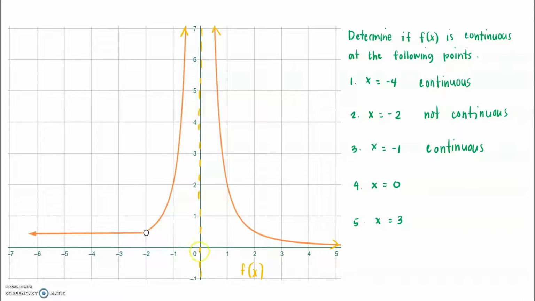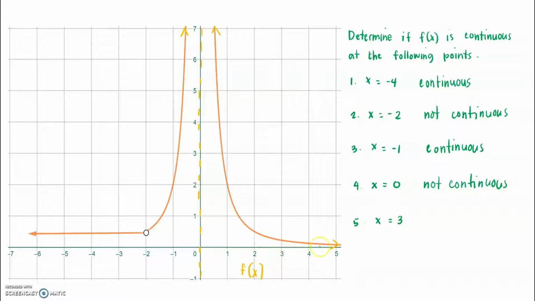Now at x equals 0, that is the vertical asymptote of our graph, meaning to say our graph will never touch x equals 0, so f of x is not continuous at x equals 0.